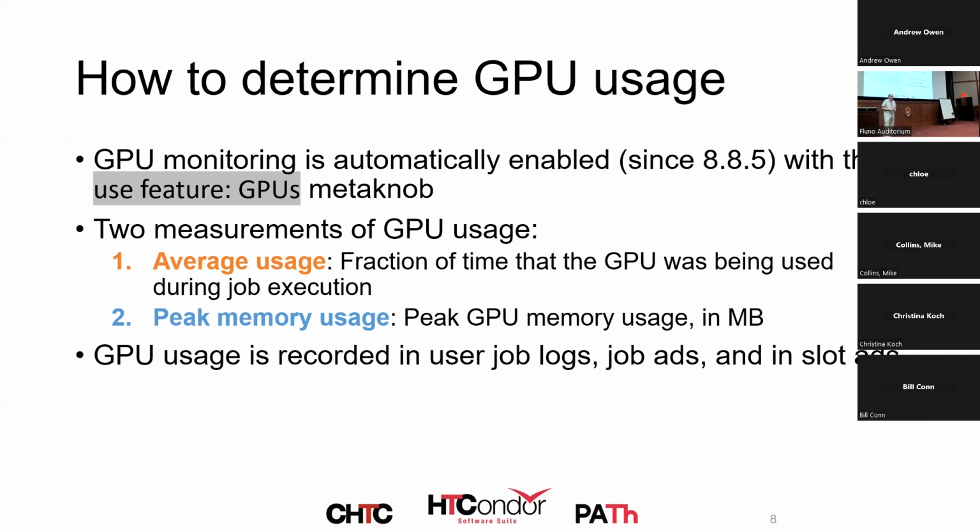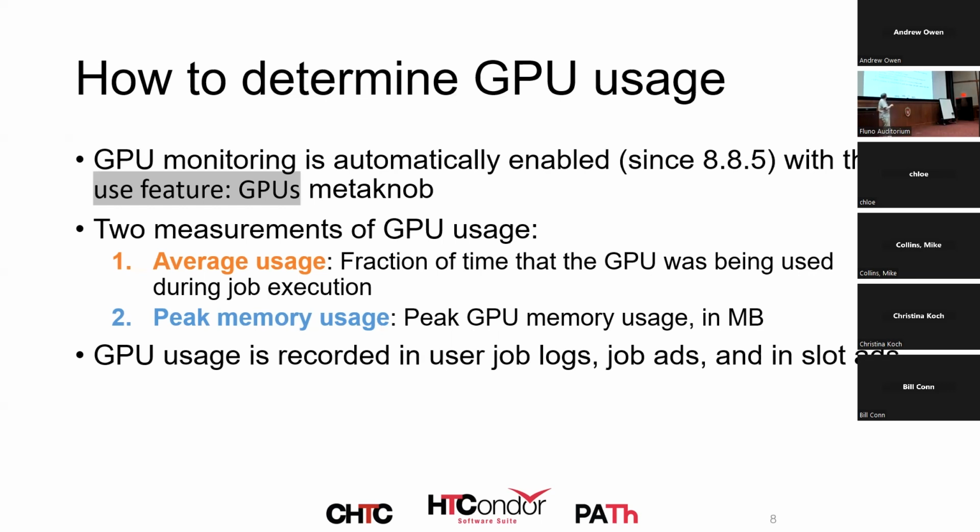The first one is average usage. This is the fraction of time that the GPU was being used during your job. So suppose that your job ran for 10 minutes. It was using any small or large amount of the GPU for 8 of those minutes. Your average usage would be 0.8 or 80%.